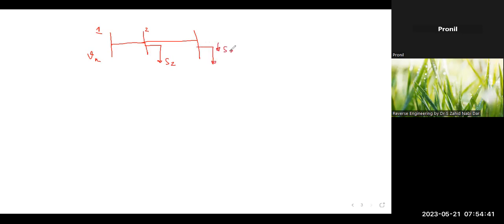And to calculate the value of In, what was the value of S3? In would be equal to Sn divided by Vn, right? So your Sn would be S3 divided by Vn.